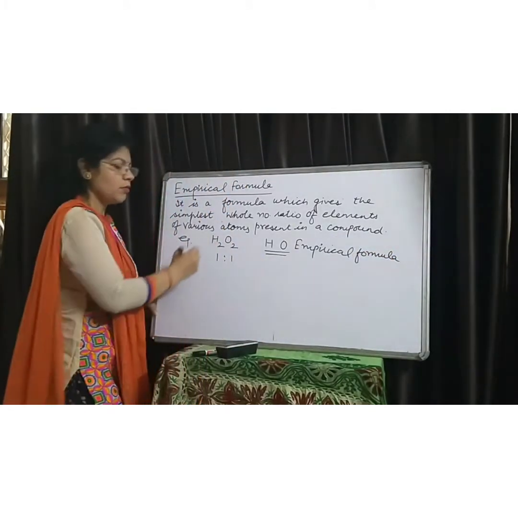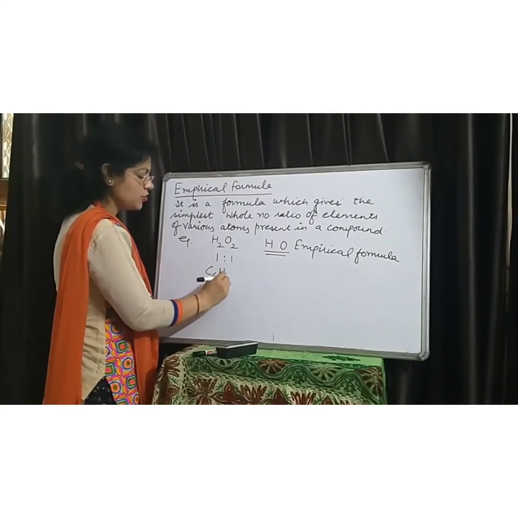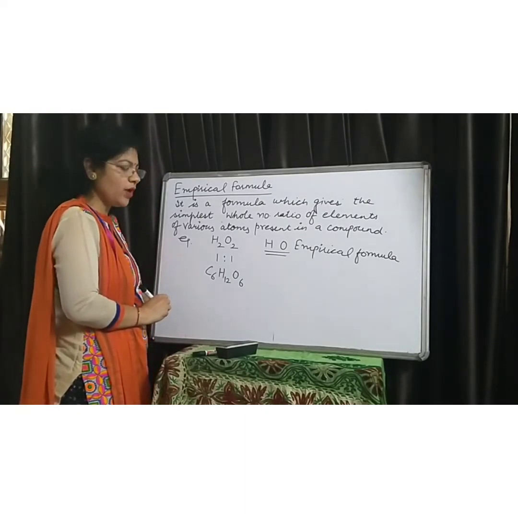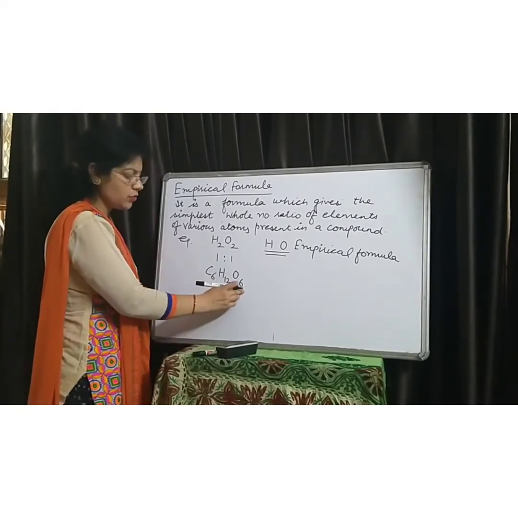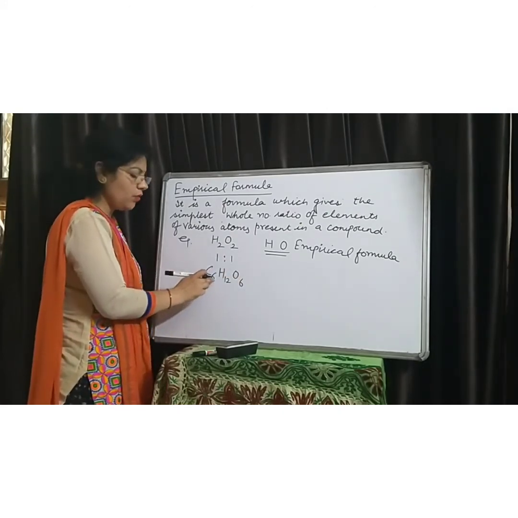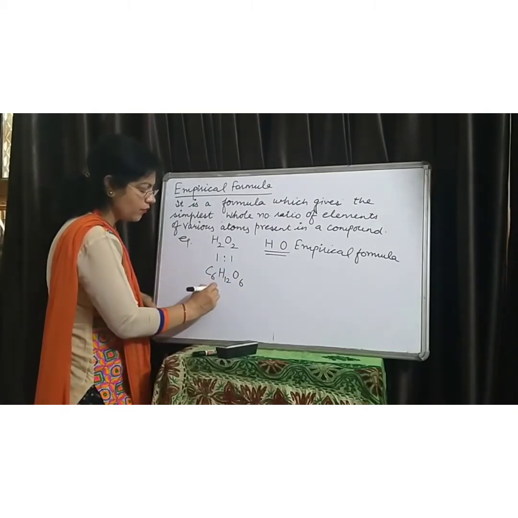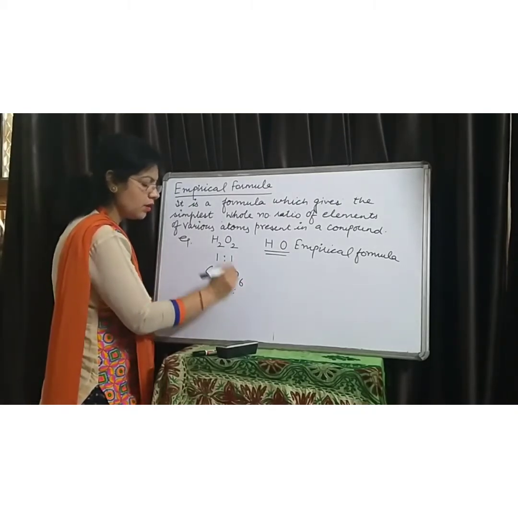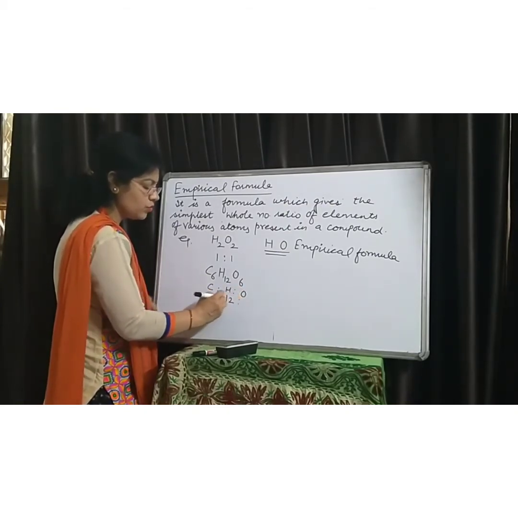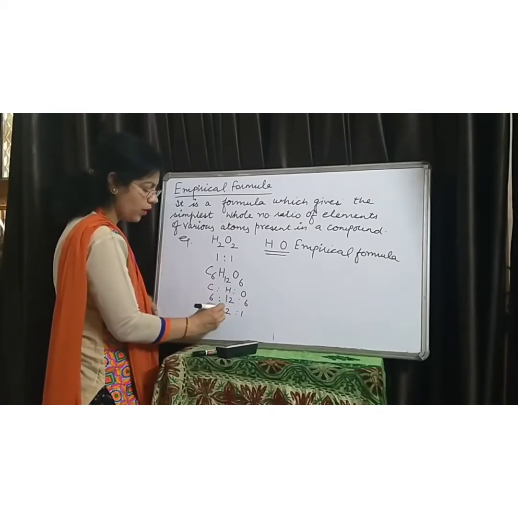Similarly, the molecular formula of glucose is C6H12O6. If we want to find its simplest ratio, then divide the numbers in the compound by 6, because the ratio of carbon, hydrogen and oxygen is 6:12:6. So the simplest ratio is 1:2:1.